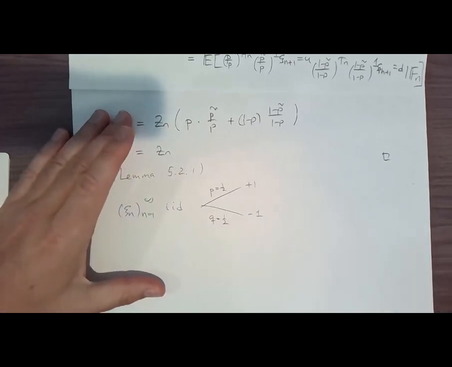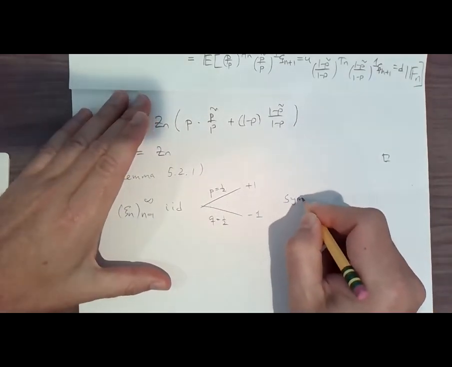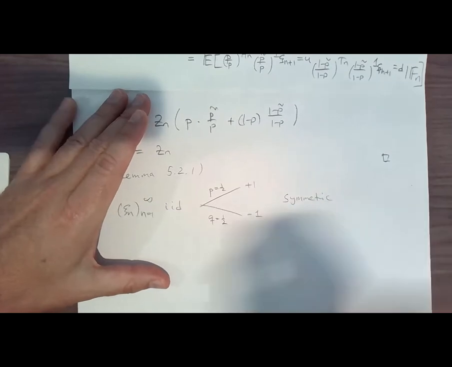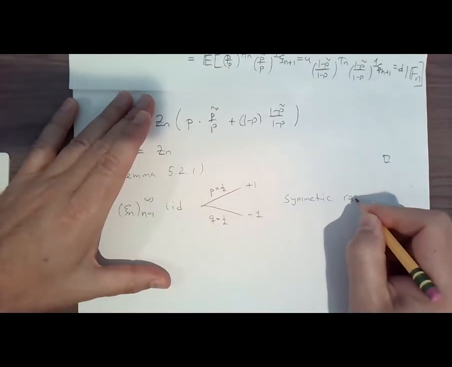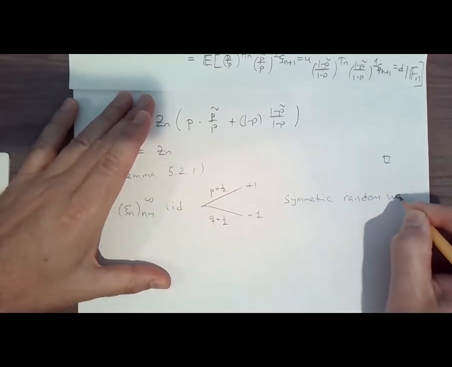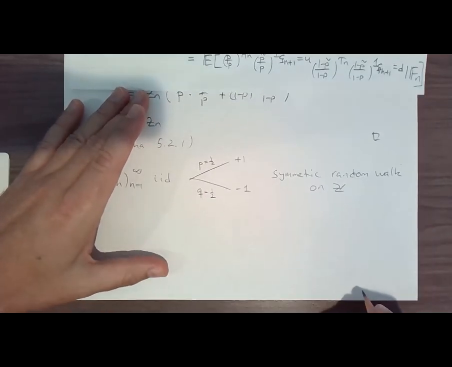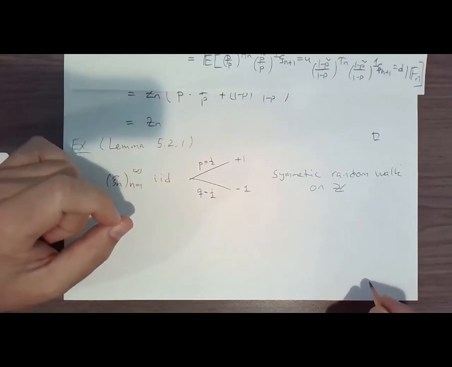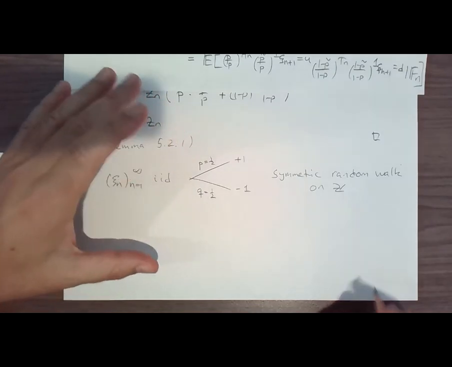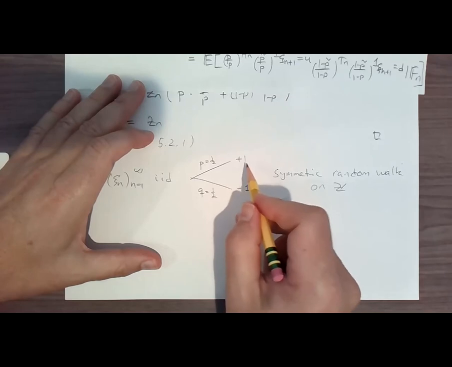So this is symmetric. Let's call it symmetric random walk on the integers on Z.